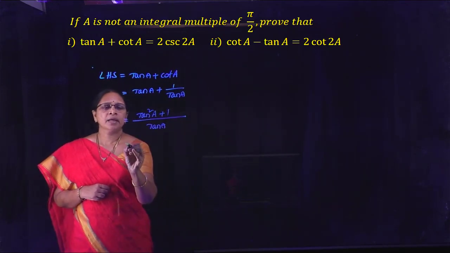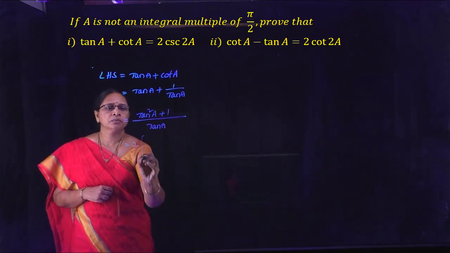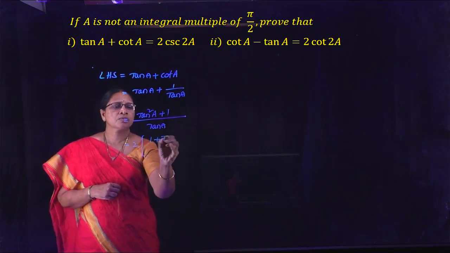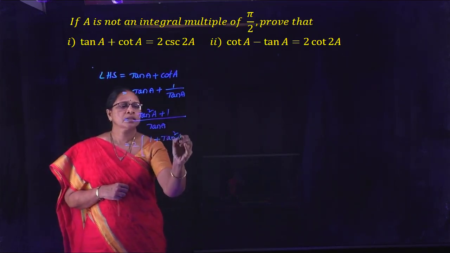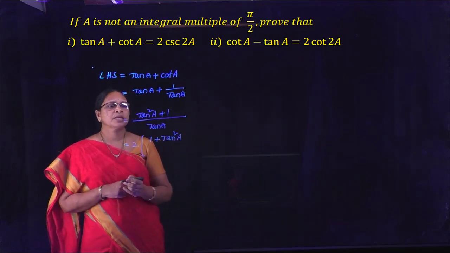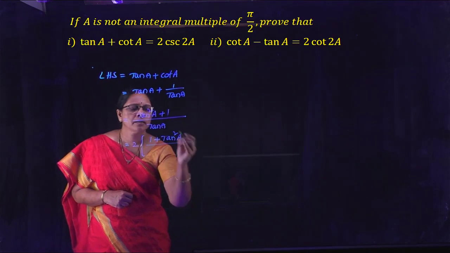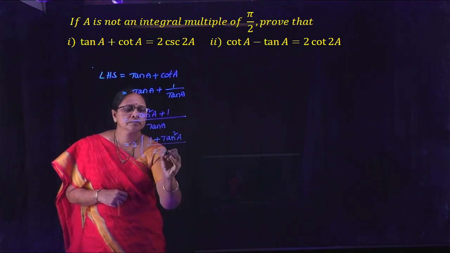Here multiplying and dividing by 2, 2 into 1 plus tan square A. Here tan square A plus 1 is nothing but 1 plus tan square A by 2 tan A.